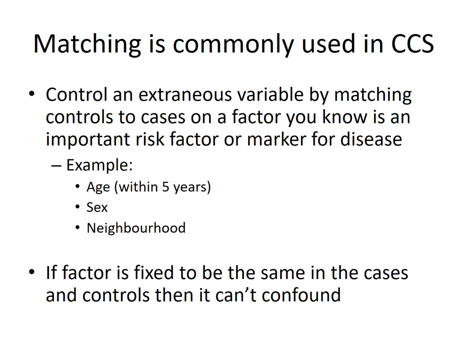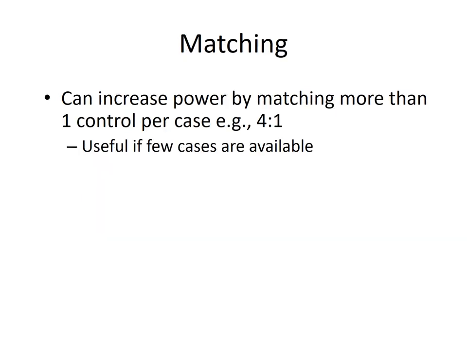Also, other variables include neighborhood, geographical area, type of work, gender, depending on the study. If a factor is fixed to be the same in the cases and controls, then it can't confound. So if we match these factors between cases and controls, confounding is lost. Matching can increase power by matching more than one control group.